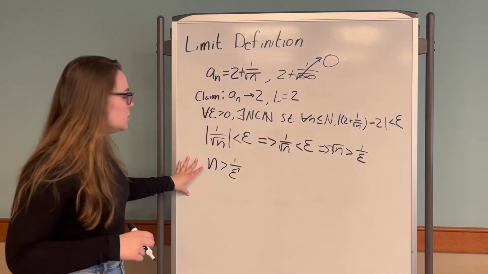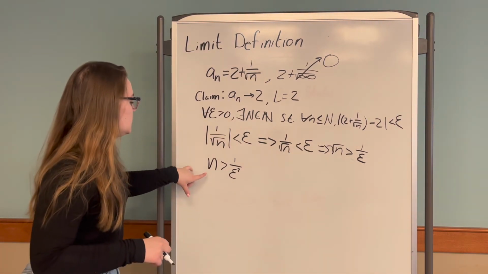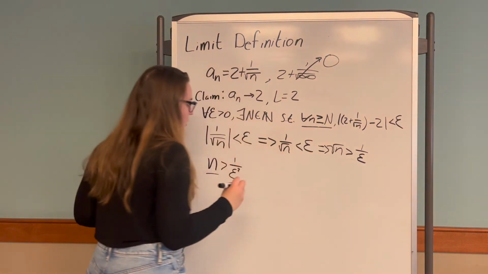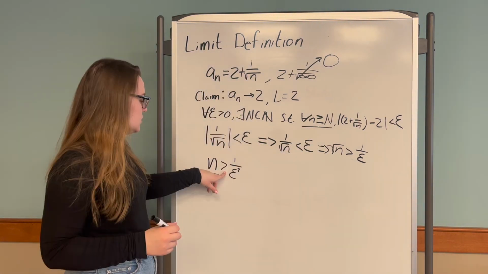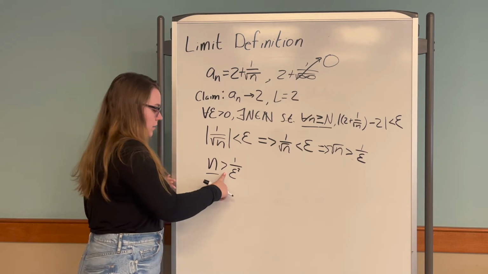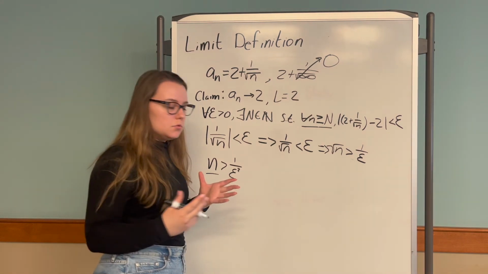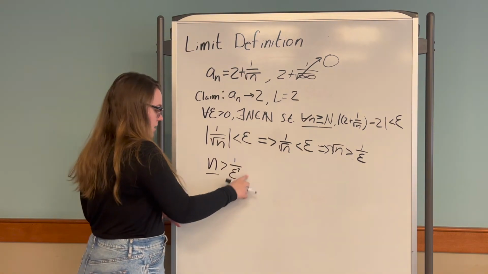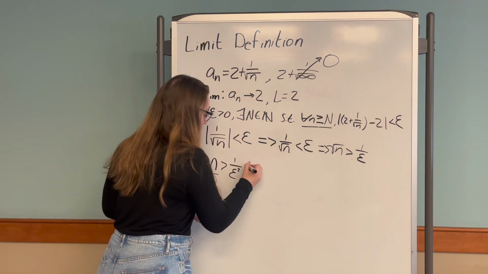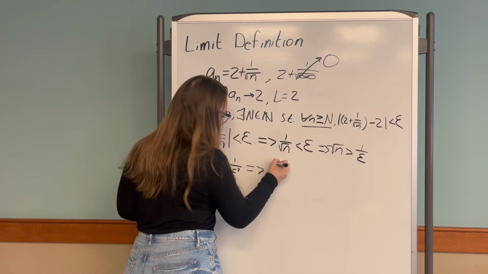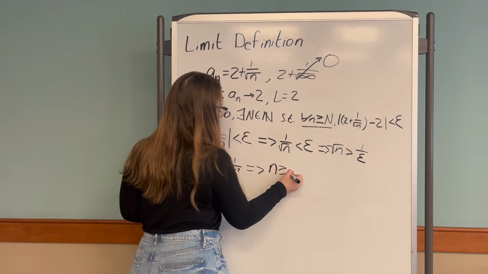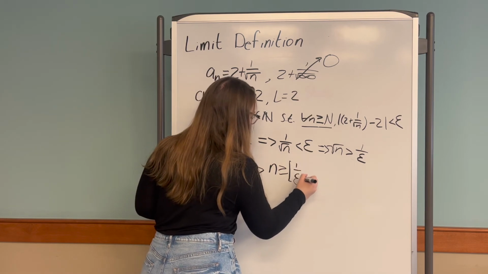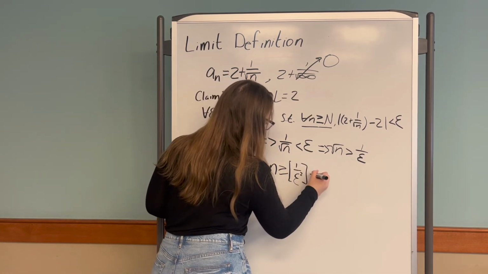All right, and we're really close to the end. So we want n here to be greater than or equal to big N. To make this greater than sign into a greater than or equal to sign, we add 1 onto this side over here so that we can then get n greater than or equal to the integer part of 1 over epsilon squared, plus 1.